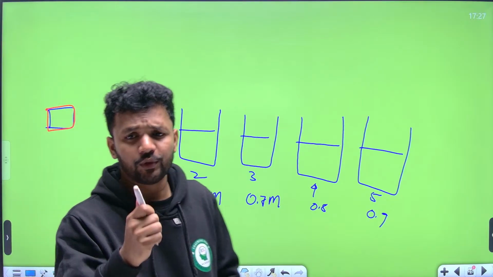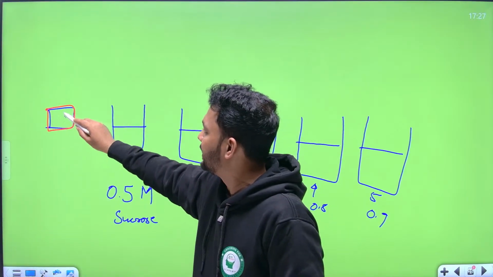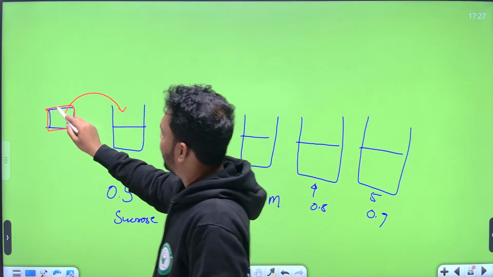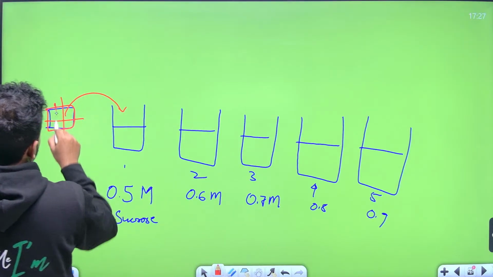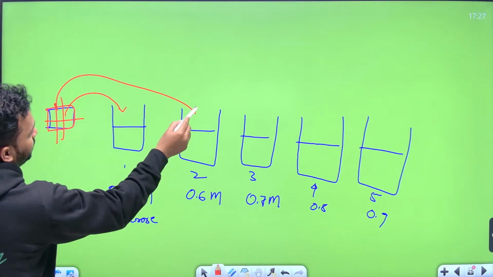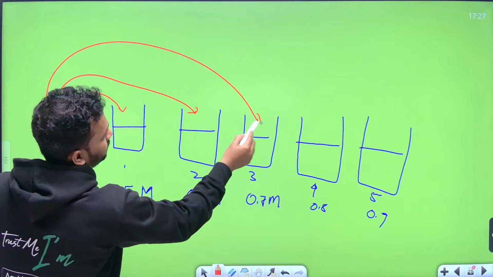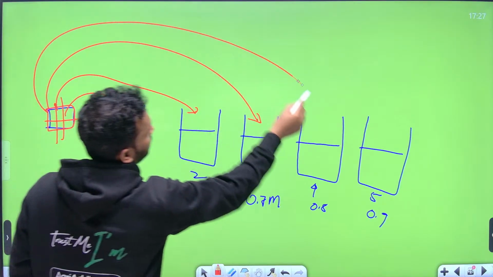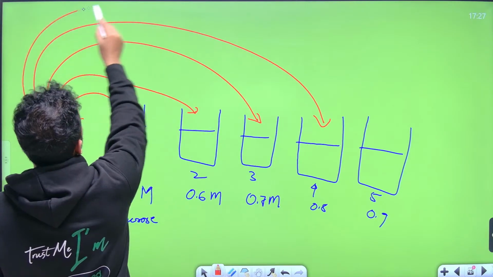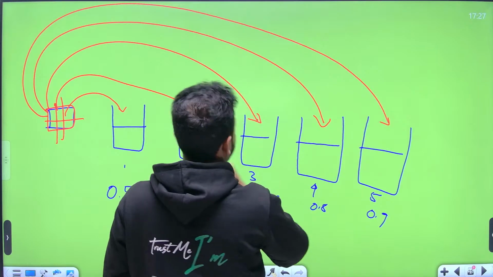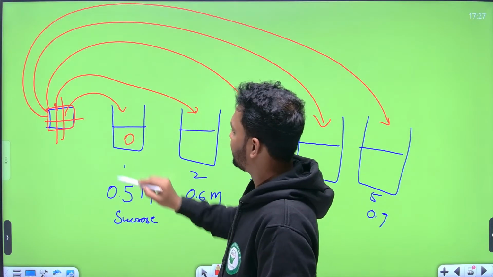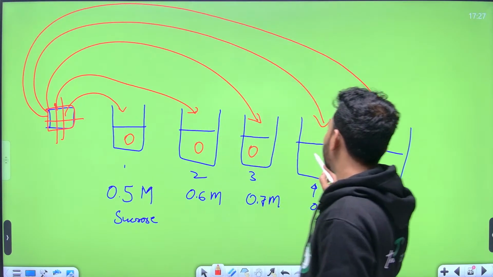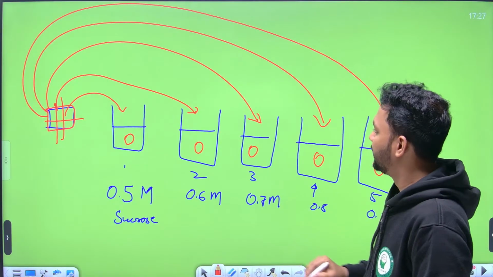We will use the plasmolytic method, meaning we will divide this cell and enter each part into a different concentration of solution. So here it came, here also it came, here also it came.